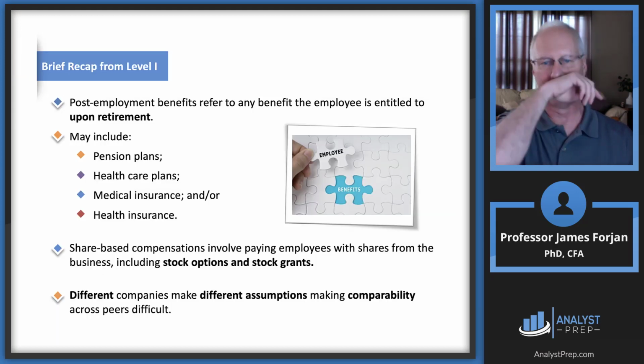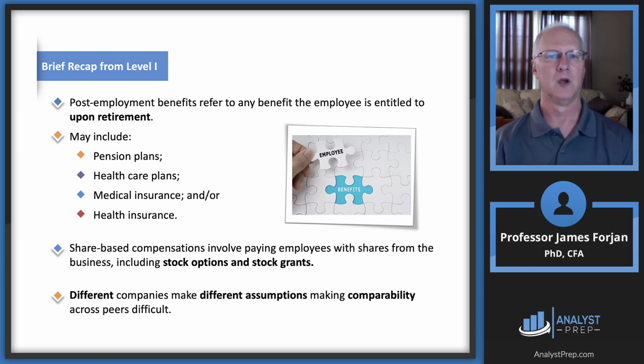So let's start with a little bit of what we should remember from level 1. Post-employment benefits. All right, so pension, I already mentioned that. We can have health care, we can have medical insurance, or some other kind of additional health insurance. We can also have the stock options and stock grants.